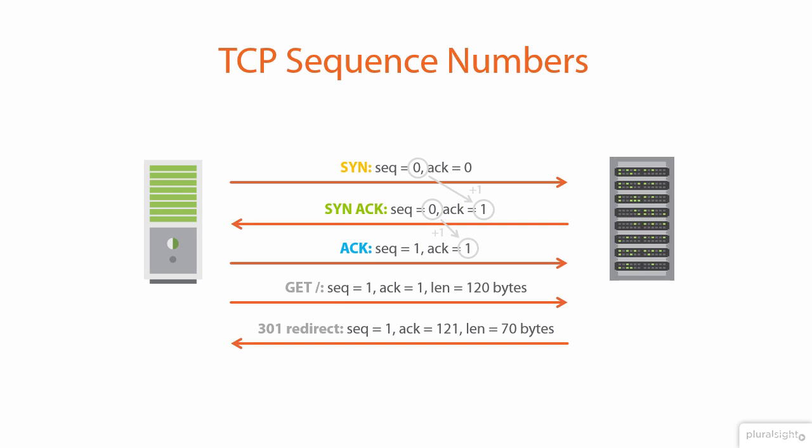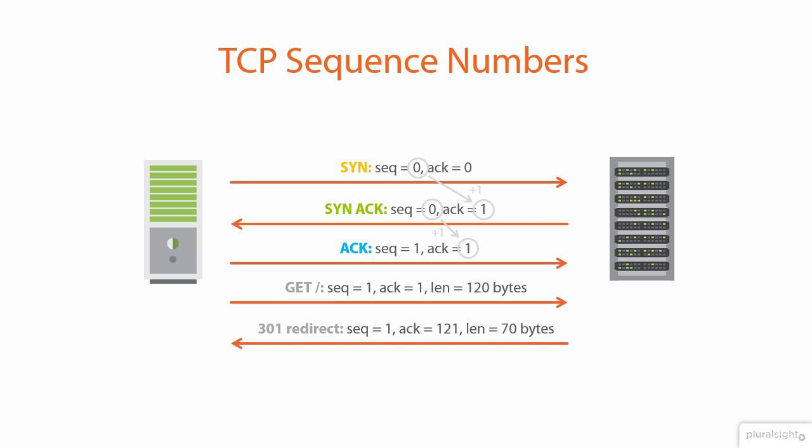So that's why we see 121 in the ACK here. Now the acknowledgement itself, in this example, includes another 70 bytes of data. So you can see how each host is confirming the transmission of the other by using the sequence number and request size. And again, that 70 bytes, by the way, is the packet itself, not including the headers, which we'll take a closer look at in just a moment.